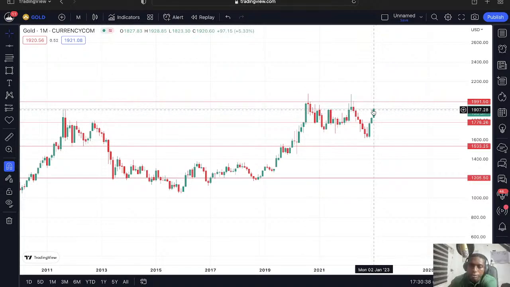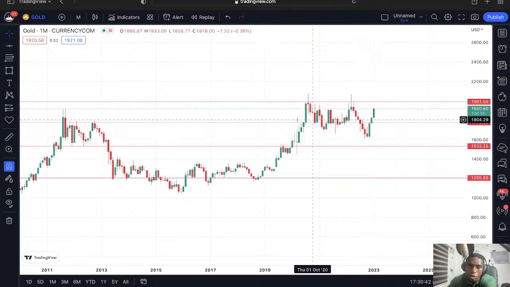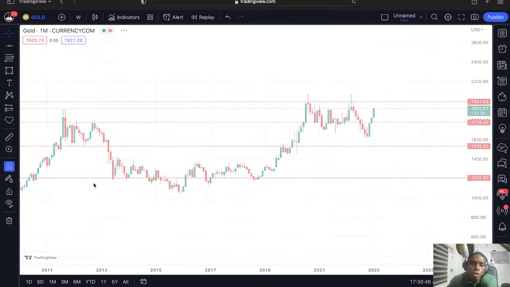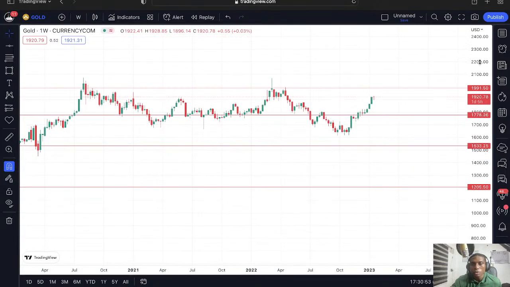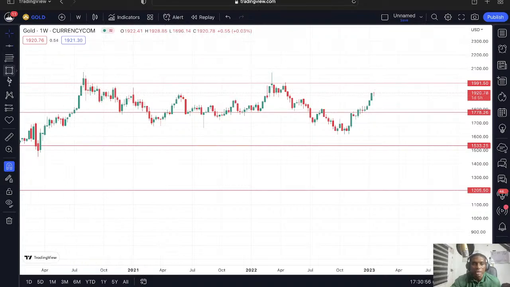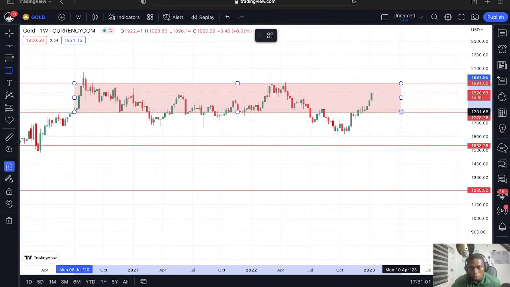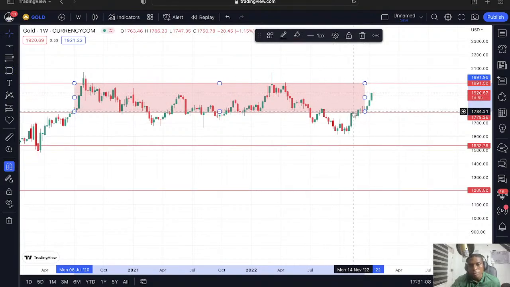So here we can see some bullish momentum coming in on gold in the last 2 months. Down to the weekly time frame, we can see clearly that there is still bullish momentum coming in on gold. After gold broke into the support region, it started rising upward.